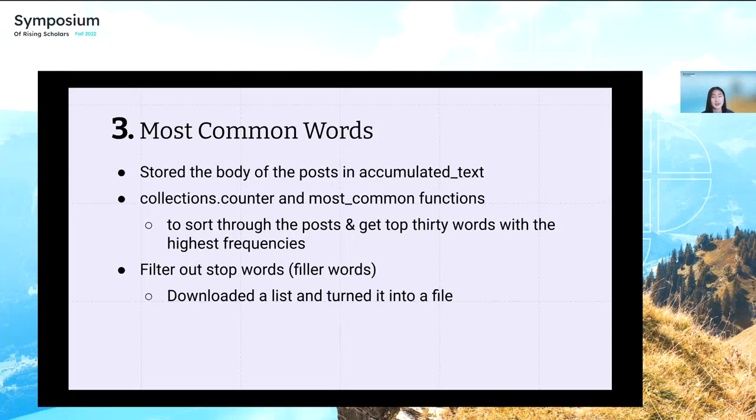When I did that the first round, I found there were a lot of stop words, which are filler words like "the" and "as", and those didn't have much meaning and weren't really significant. So I chose to filter those out using a list that I downloaded from online, which I turned into a file and used to filter out the stop words.